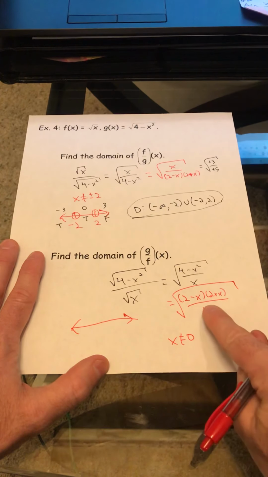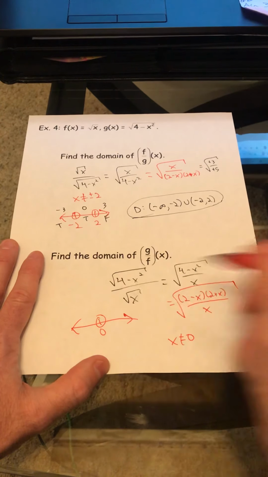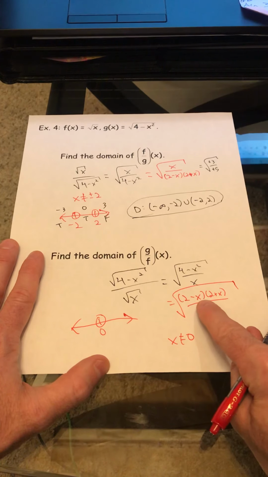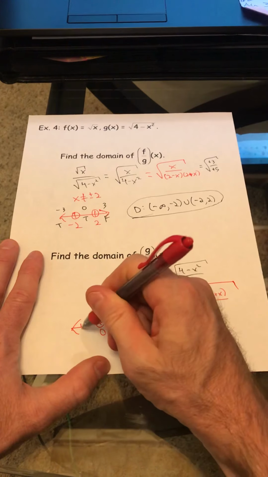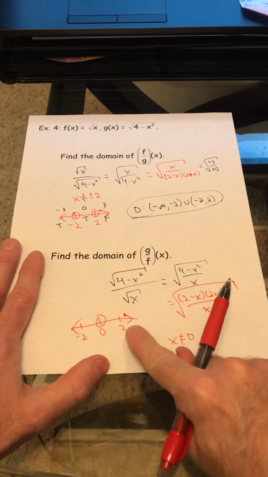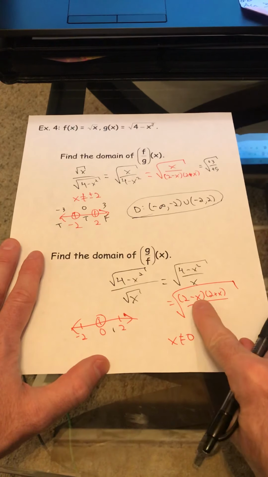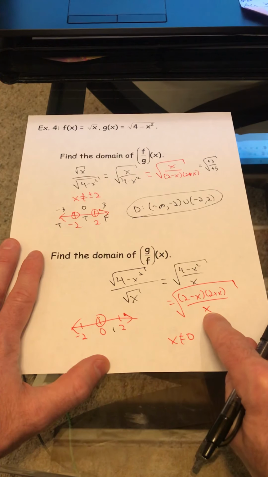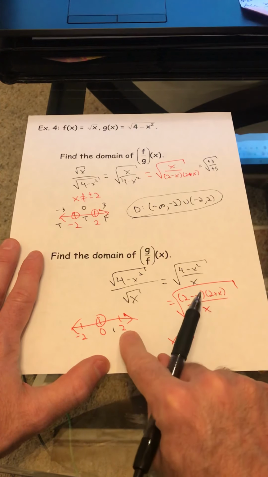So from there, what we can do is use 0, and if you use anything, certainly, although we do still have to worry about both 2 and negative 2. If we were to plug in 1, you have a positive and a positive, so that works. But what you do have to worry about is if we use something larger than 2.